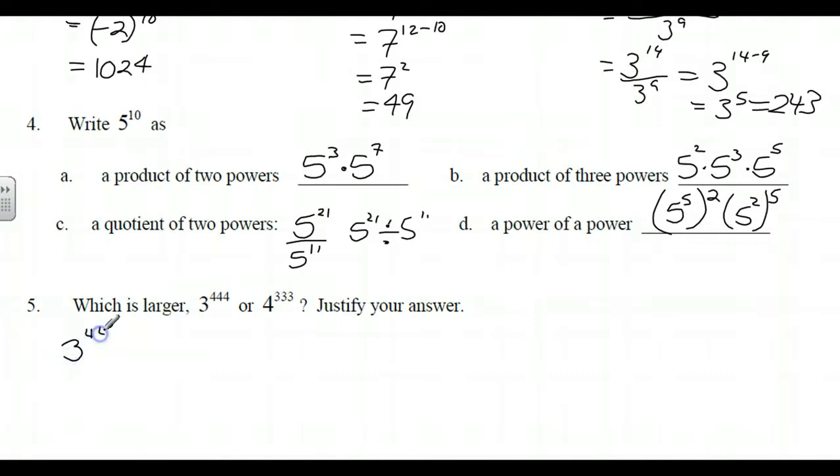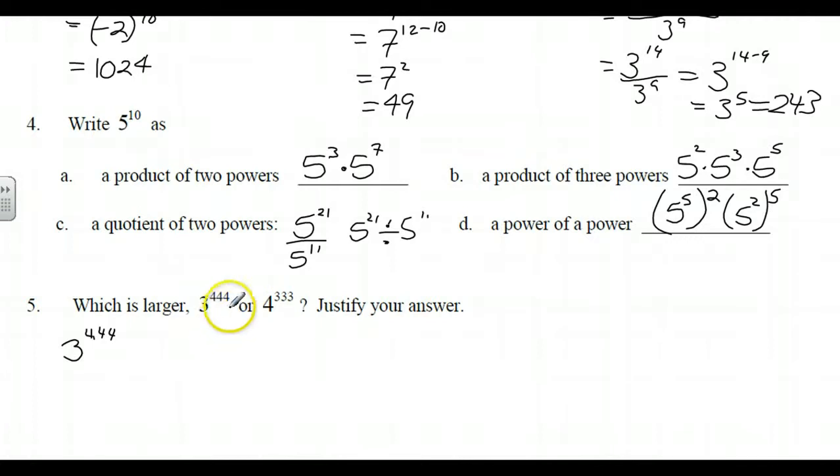3 to the 444 is larger for a couple of reasons. One, the exponent makes the bigger difference here than the base, especially when the bases are close. These numbers are very close. 3 and 4 are very close. So the exponent in this case dominates.